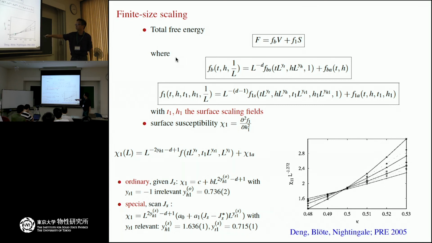And this value gives you the y sub h1 of the special transition, 1.636. And from the slope of these curves, you can find this y sub t1 special. This is the universality class of the special transition.